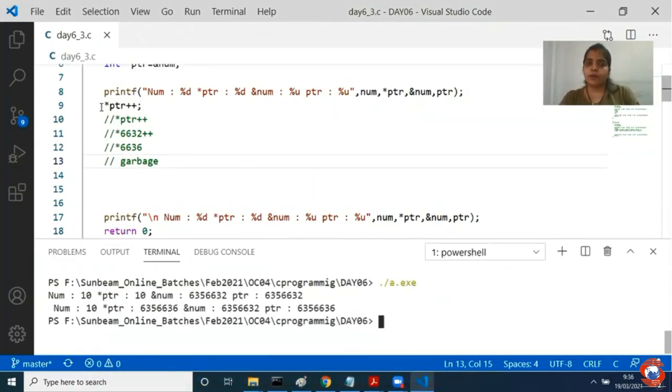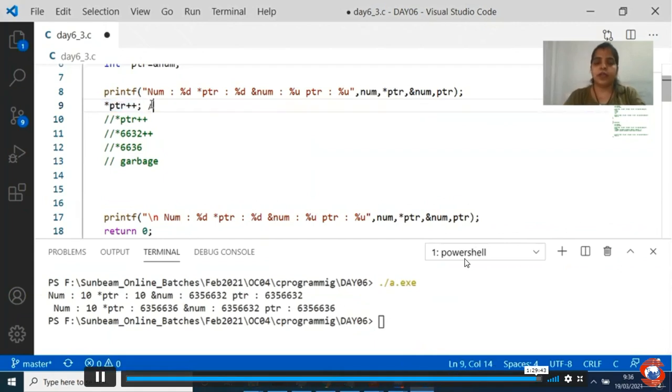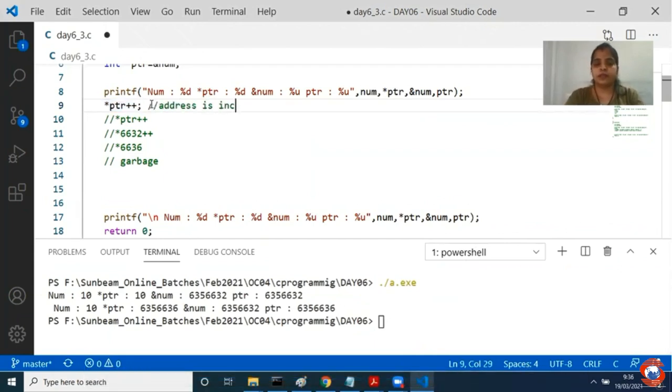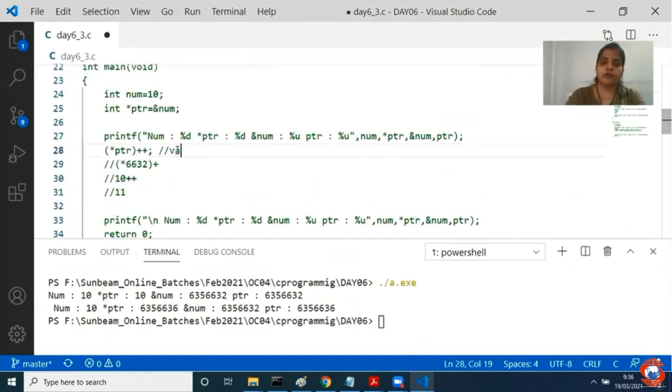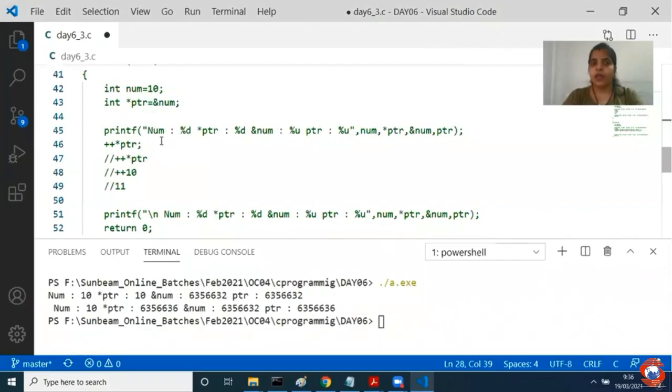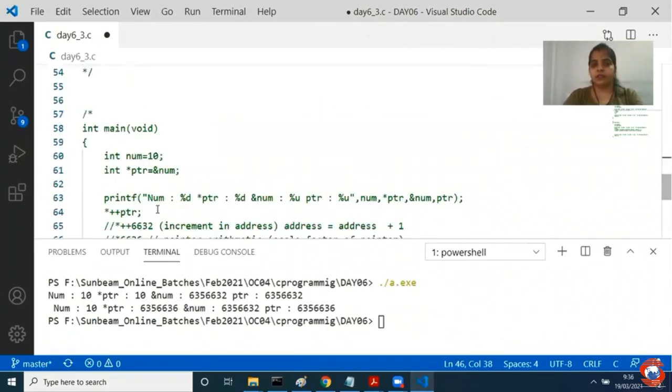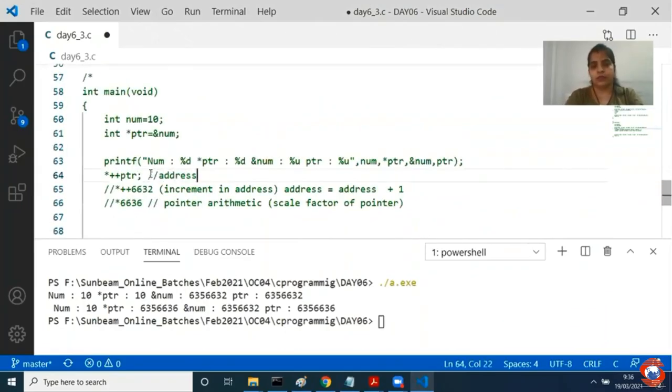Everyone. So अगर आपने पॉइंटर ptr प्लस प्लस लिखा तो वो क्या इंक्रीमेंट कर रहा है? एड्रेस is incrementing. अगर आपने पॉइंटर ptr प्लस प्लस लिखा तो वैल्यू gets incremented wherever your pointer is pointing. And here pointer plus ptr, here also value gets incremented. And in this scenario, address was getting incremented.